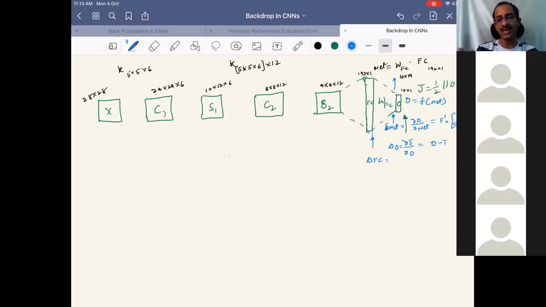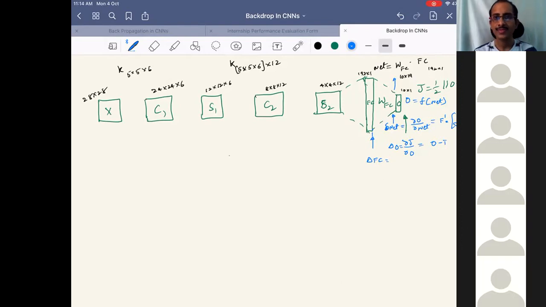So the reshaped version of the feature maps at the second subsampling layer is FC, right? And now delta FC I want to write. So how do you write delta FC?